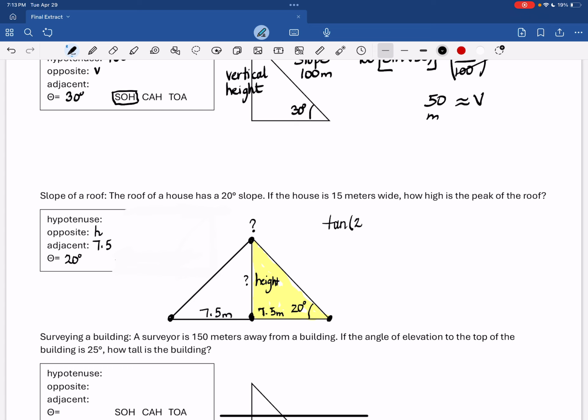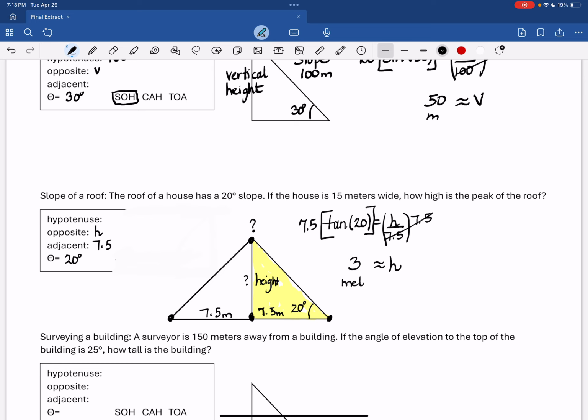The tangent of 20 is going to equal the opposite over 7.5. So the height of that peak is going to be approximately 3 meters. Be careful with that one.